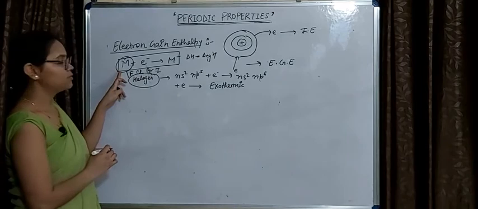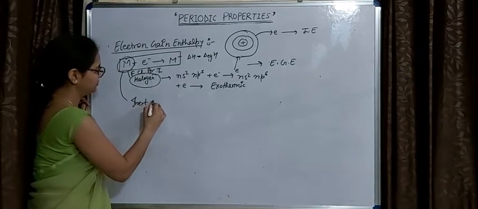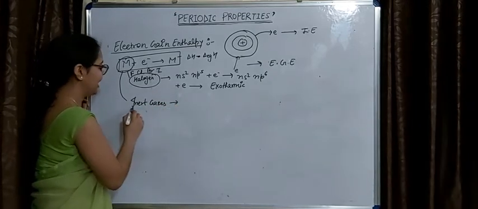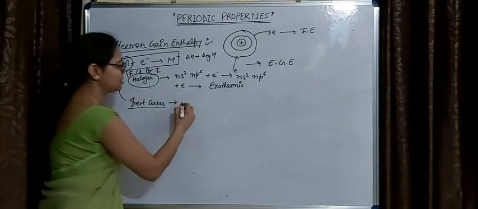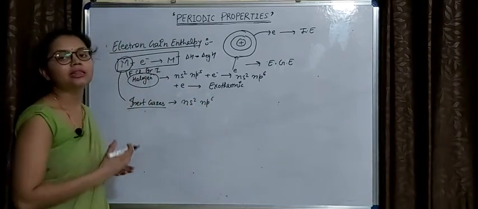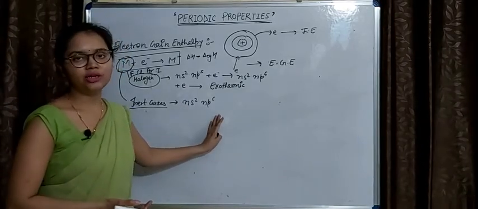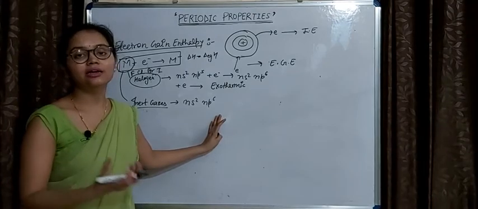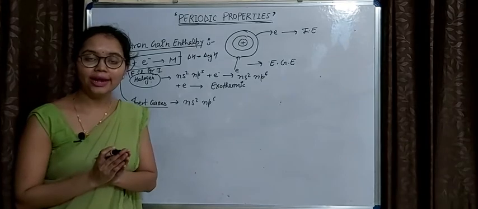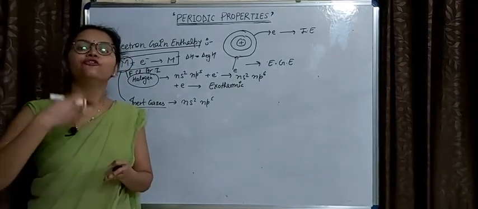Now suppose we are using inert gases here instead of halogen, then what will happen? As we know that inert gas has ns2 np6 type of configuration, means they are already having stable configuration. So because of this stable configuration, they will definitely resist the addition of new electron. Okay, so if you want to add electron in inert gases, then you have to add electron forcefully.